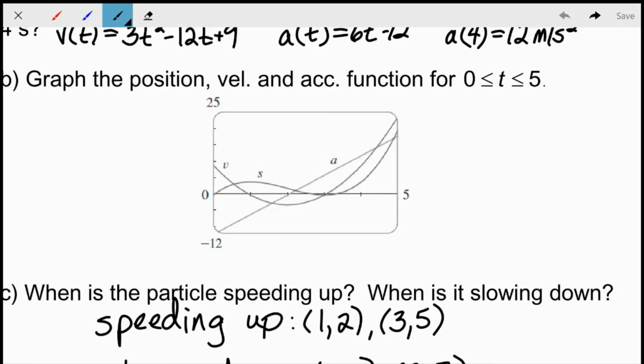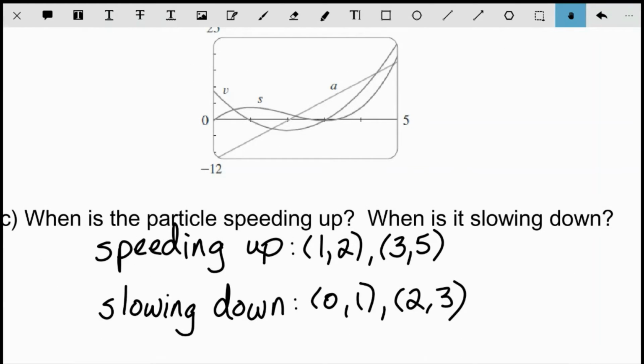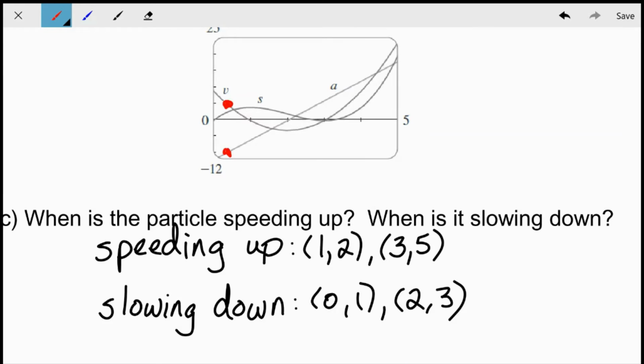And we can just verify the solutions that we got here on this part C just using the graph. So for example, the time interval from 0 to 1. Notice that the velocity here is positive and the acceleration is negative. So it makes sense that we would be slowing down. On the next time interval from 1 to 2, the velocity was negative and the acceleration was negative.